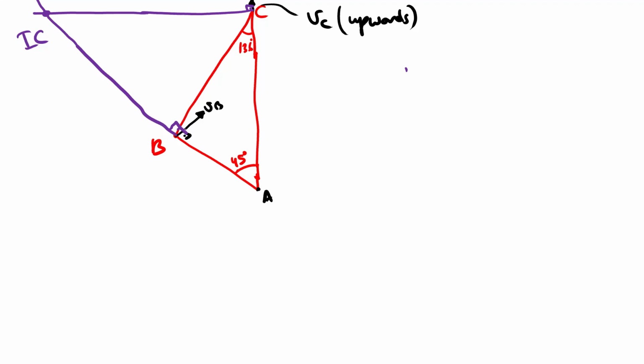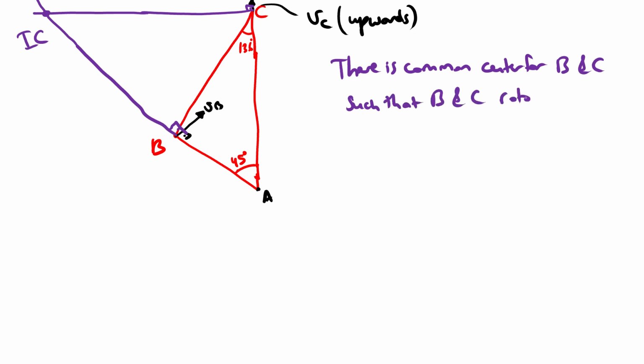Similarly here, I have point C, I have point B, and there is a common center, we call it the instantaneous center, such that B and C rotate around that center.